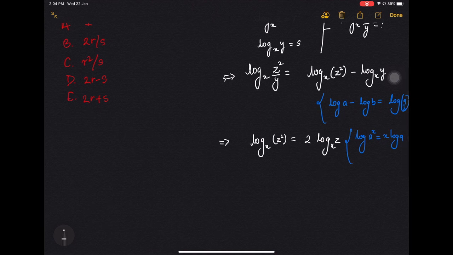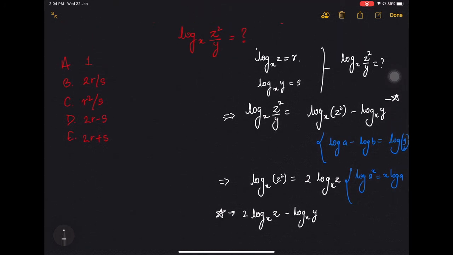So I have to find, from here, twice of log base x of z minus log base x of y.